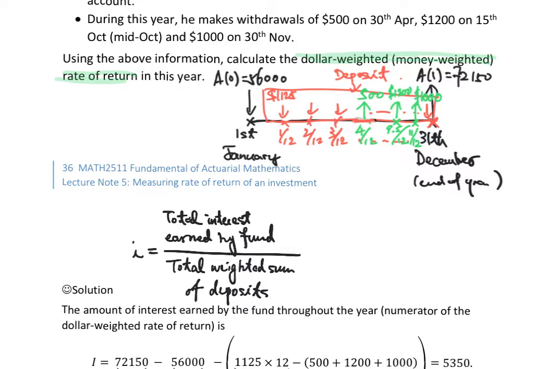First of all, let us calculate the total interest earned by the fund. Just remember how do we get this? We do this by considering the differences in the account balance, right? And remember, this account balance is driven by a couple of parameters. First of all, the amount of the deposit that you have made, and of course it is also affected by the withdrawal, right?